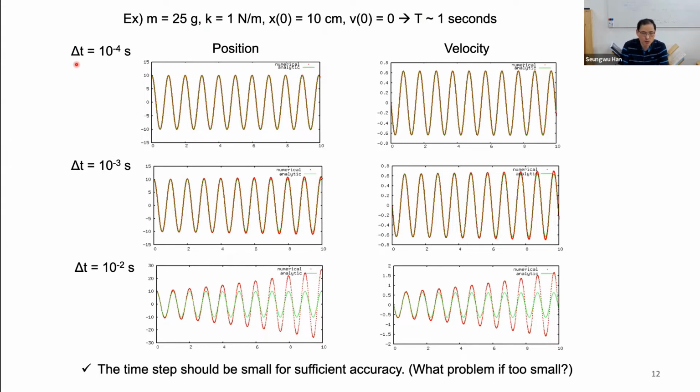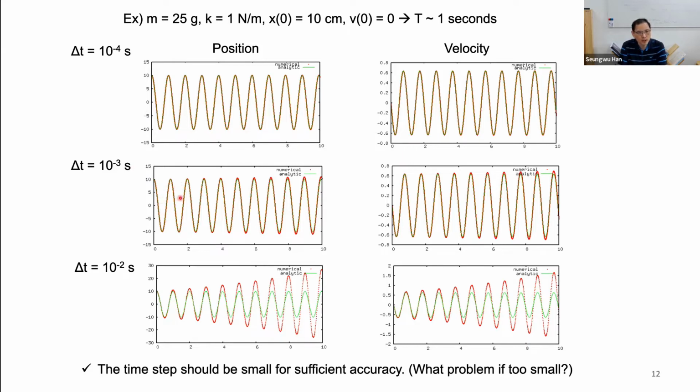In the first case, we take a very small time step, 10 to the minus 4 seconds. Then we have an almost identical solution to the analytical one. Okay, so position and velocity, harmonic vibration. Now you increase delta t by 10 fold and use 10 to the minus 3 seconds.